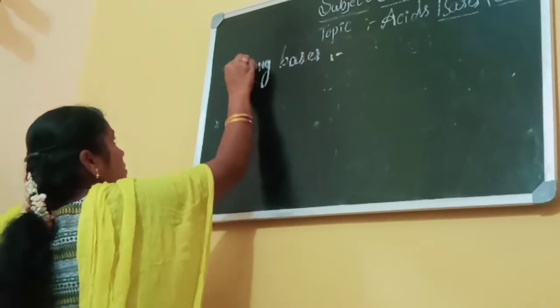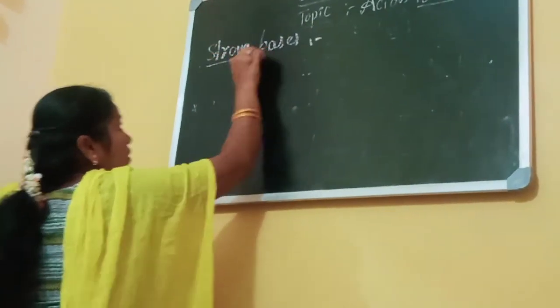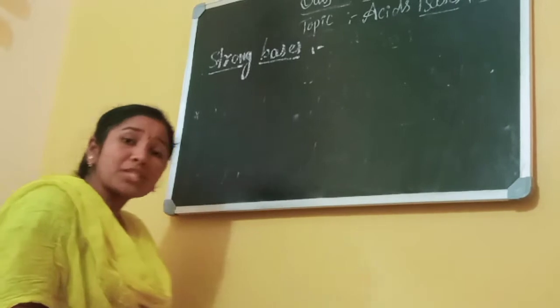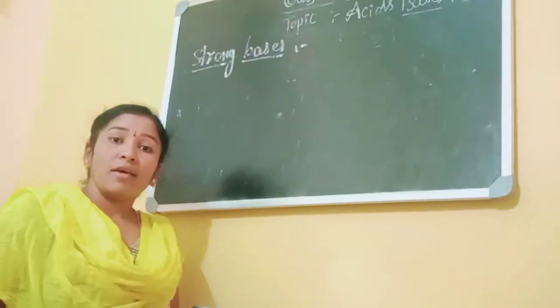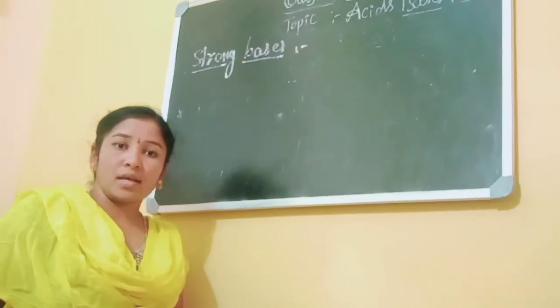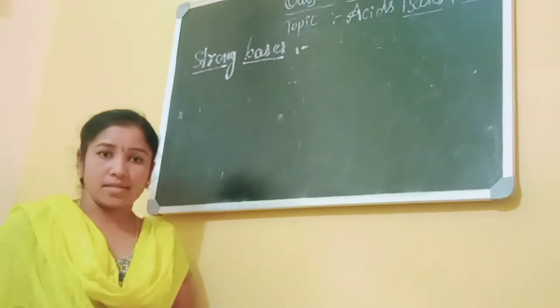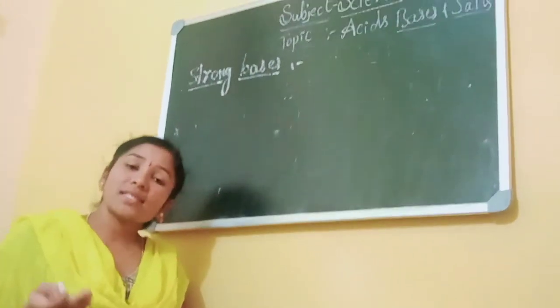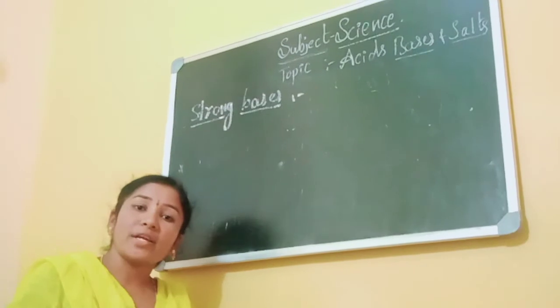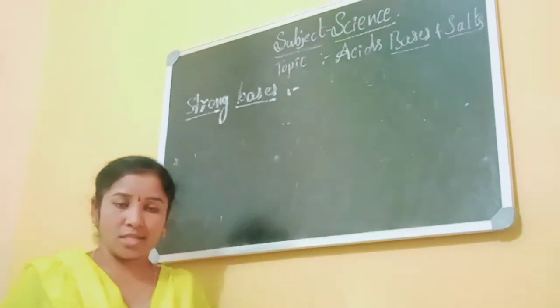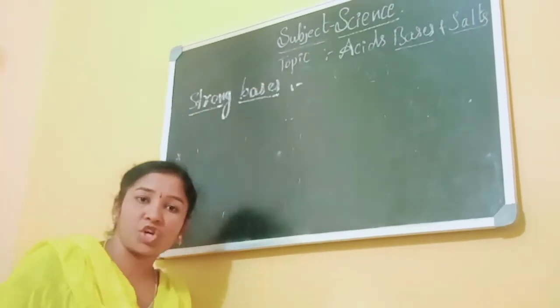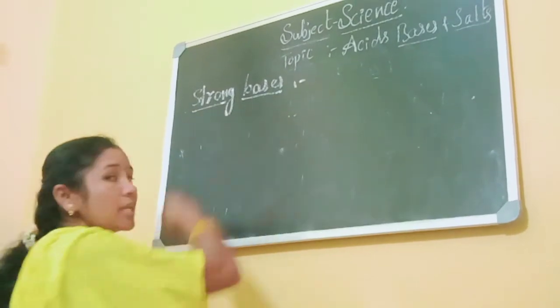Strong bases. What is meant by strong bases? You have learnt in the last class what is meant by strong acids: the acids which undergo complete dissociation in water are called strong acids. Same like that in bases.